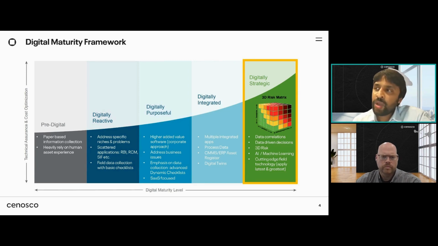And the way we see how industry is working, as you could see from this slide, pre-digital has still not gone away. We still see paper-based data collection systems, still heavily relying on human inputs to drive or update RBI programs.